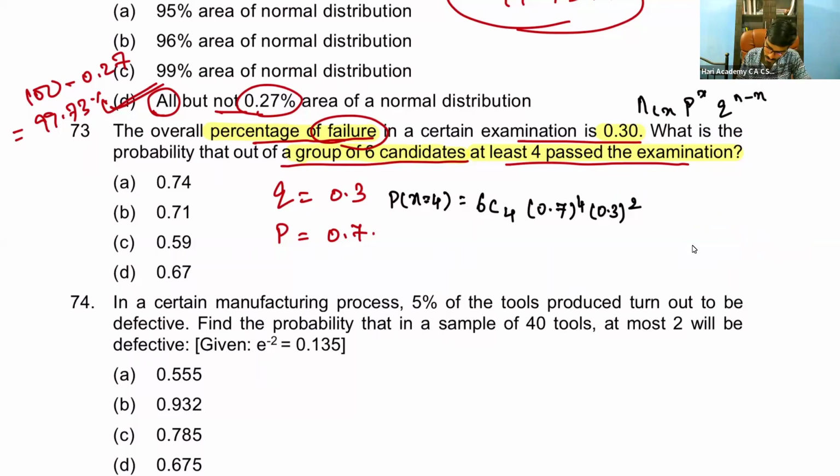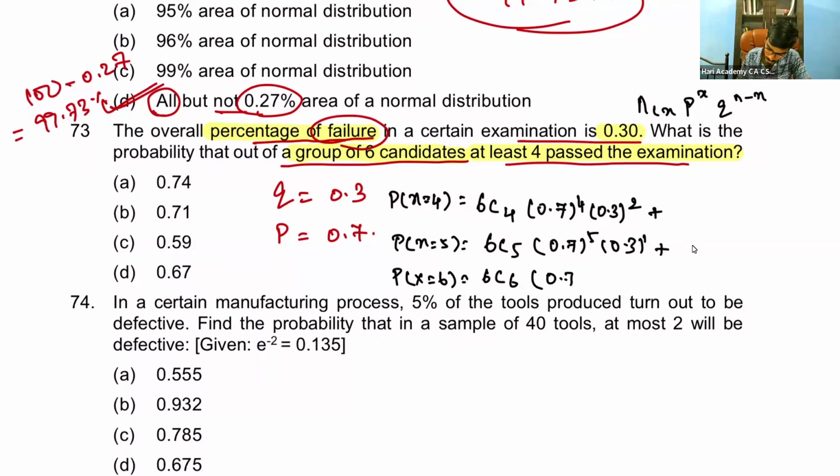Plus in the same way P of X is equal to 5 we need to put. In such case, it will become 6C5 into 0.7 whole power 5, 0.3 whole power 1, plus X is equal to 6 we need to do. 6C6 into 0.7 whole power 6 into 0.3 whole power 0.